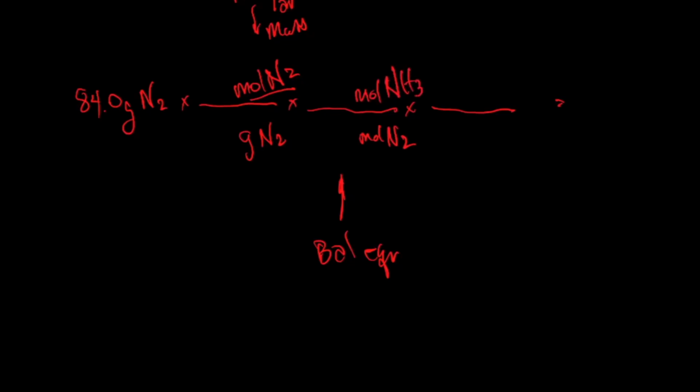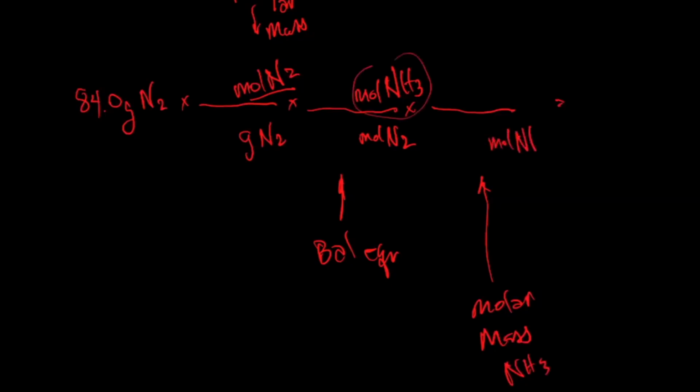And then the last conversion factor is the molar mass of NH3. See this right here? Moles of ammonia has got to be in the bottom. They always have to cancel, because if they don't cancel, you're messed up. And then grams of ammonia here.